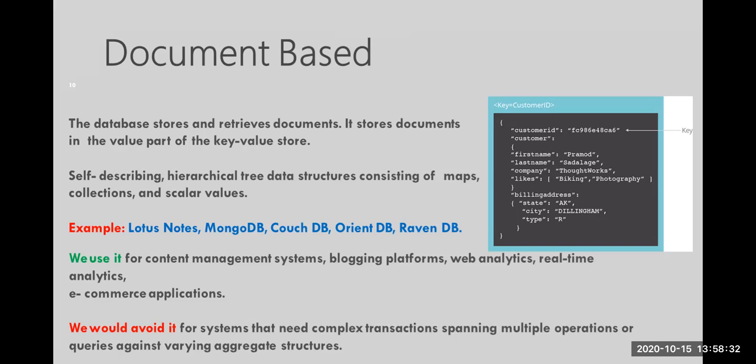It is avoided for systems that need complex transactions spanning multiple operations, and queries against varying aggregate structures. If the aggregate structure is always varying, not a fixed one but flexible or dynamic, you cannot store the data using a document-based NoSQL database system.